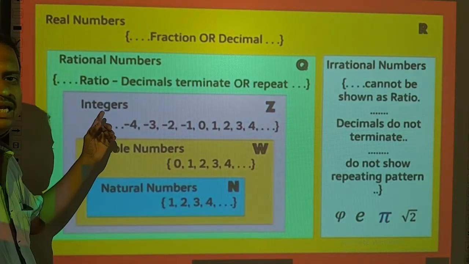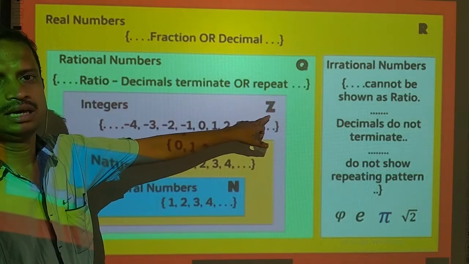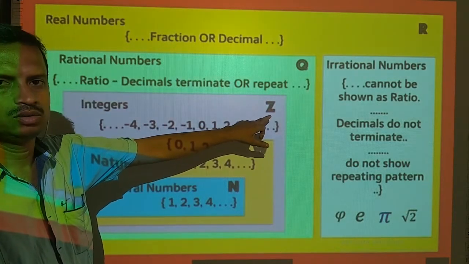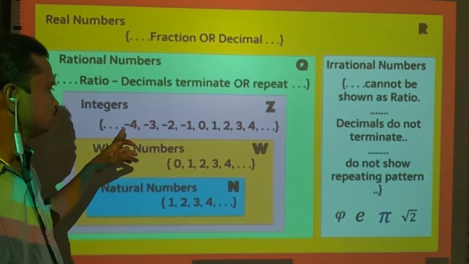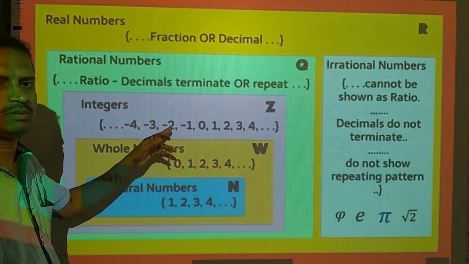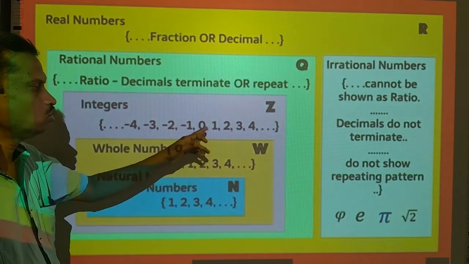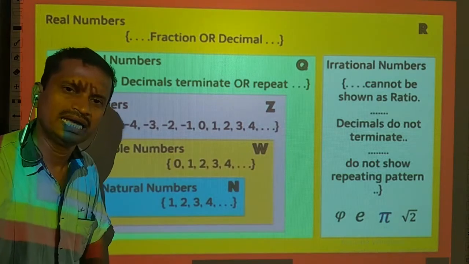And next, coming to integers. Z is the letter to denote integers. Starting from minus 4, minus 3, minus 2, minus 1, and then 0, 1, 2, 3, 4, and so on. So this is integers.